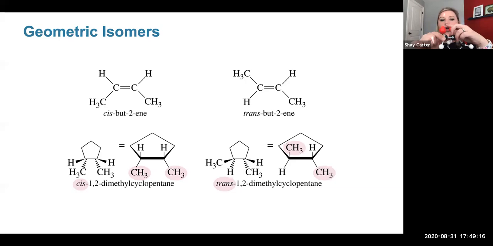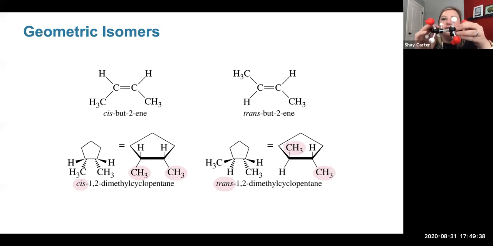They don't rotate, okay? So when we have a ring, if we have 2 substituents, okay, one on the top face of the ring, so we call this a face of the ring and this a face of the ring. So top face, bottom face, okay?